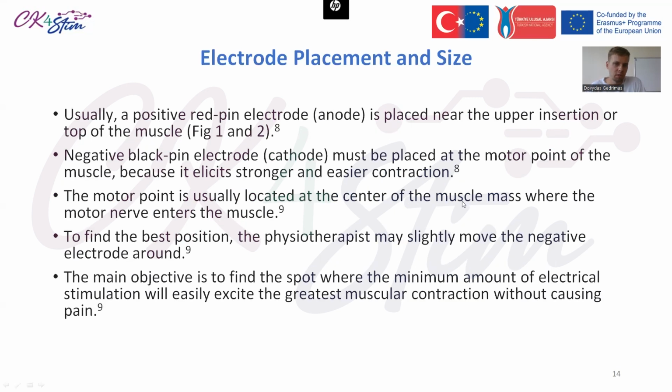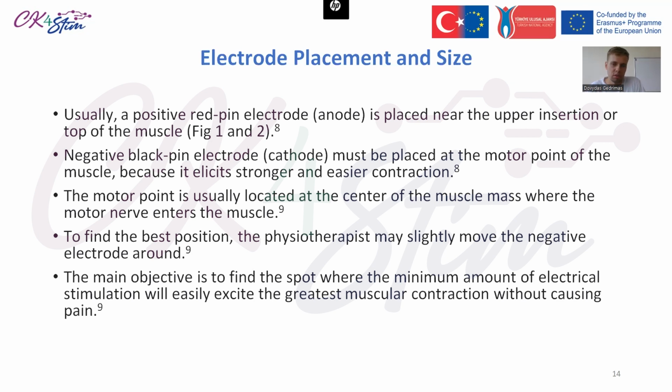Usually, a positive red pin electrode, or anode, is placed near the upper insertion or top of the muscle. The negative black pin electrode, the cathode, must be placed at the motor point of the muscle because it elicits stronger and easier contraction. The motor point is usually located at the center of the muscle mass, where the motor nerve enters the muscle.